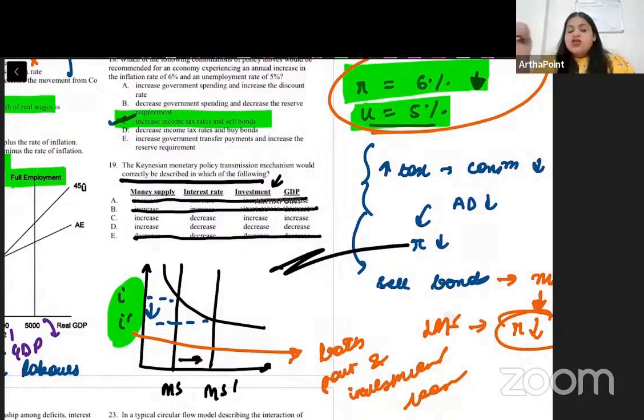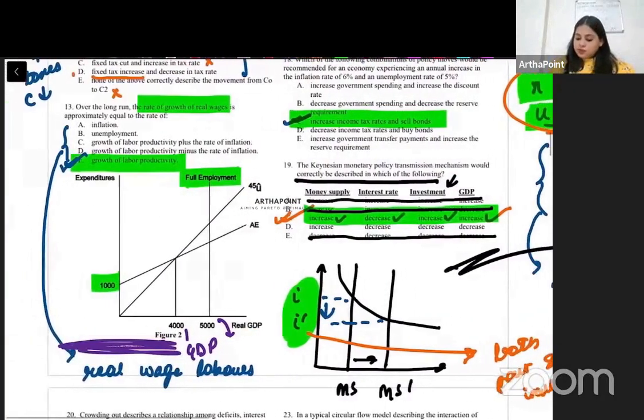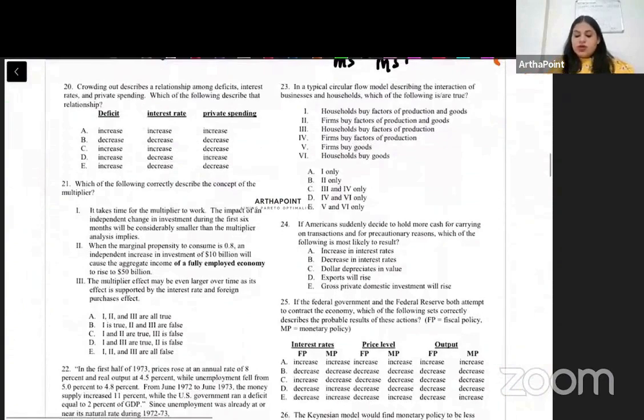We are not going to the second level effect here. So one thing is clear: when you increase money supply, interest rate decreases, investment increases, and GDP increases. We are not moving to the crowding out effect. G is not given to us. So the answer to this question will be C. Okay, come to the next question.